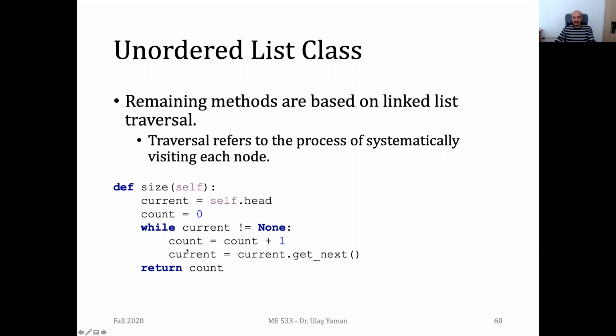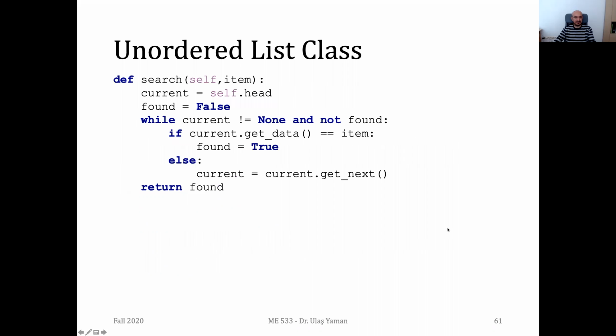If the next item has a reference to another one, then again we increase the number by 1. We do it until we come to the end of the data structure. If it's the end, then we can simply return the value of the count variable, and it will be the size of our unordered list data structure.